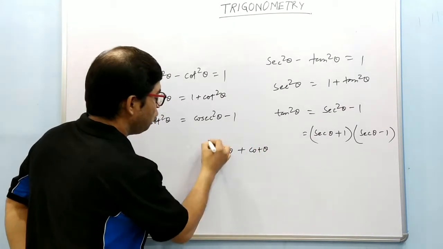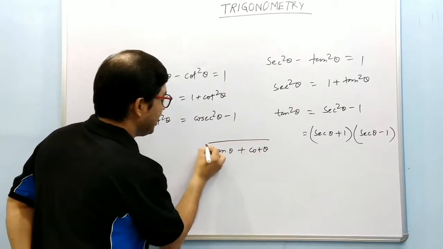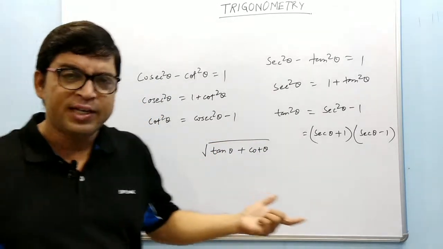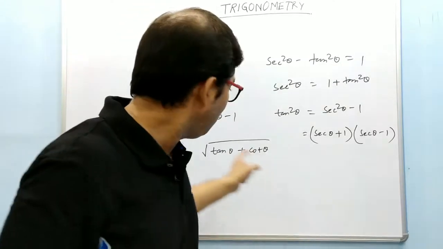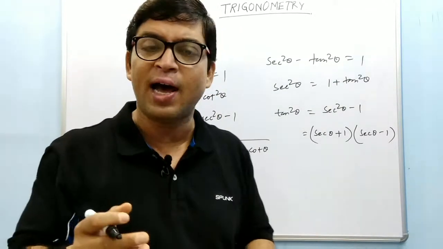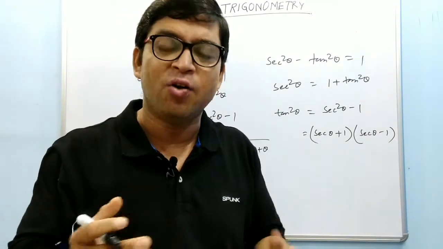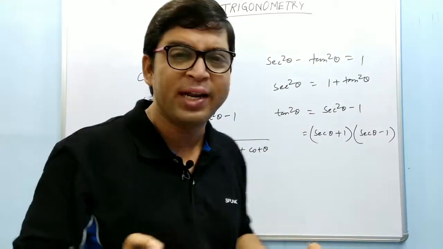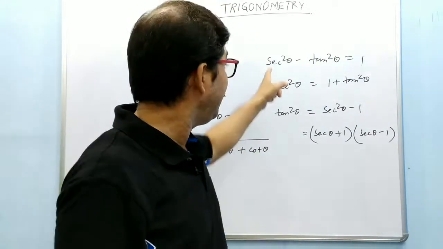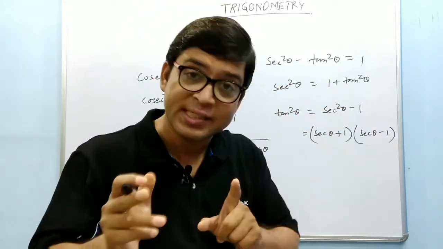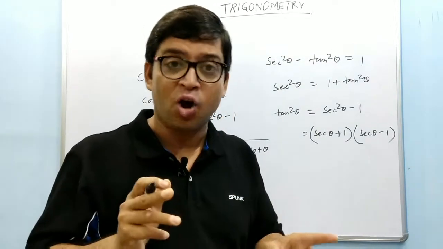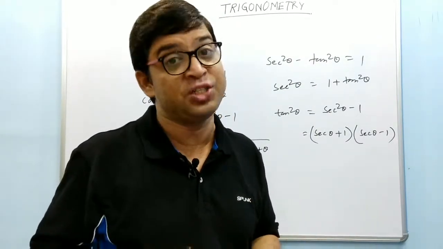So what can you do? You are not getting any way out. You don't see any relation between tan and cot. Just tan into cot is 1, but for plus there is no relation. The relations are between tan and sec, cosec and cot, sine and cos, the identical relations.